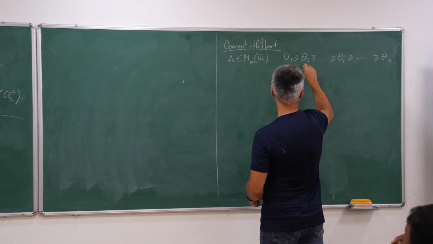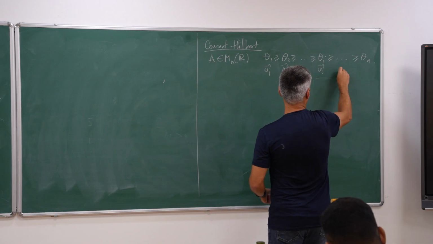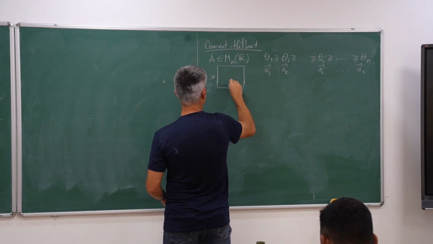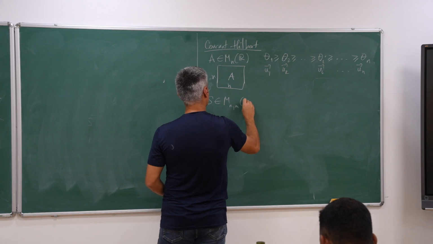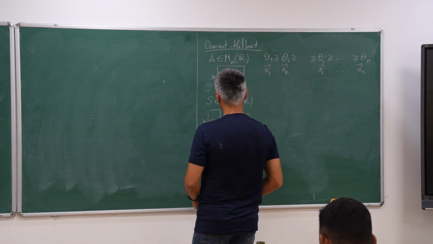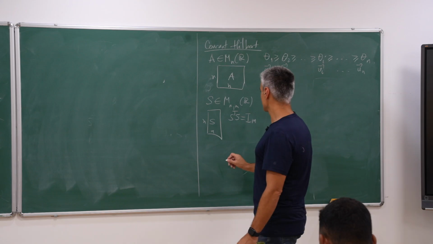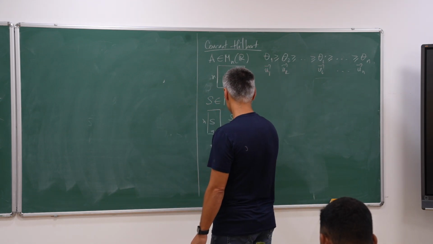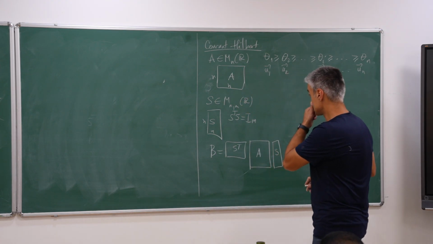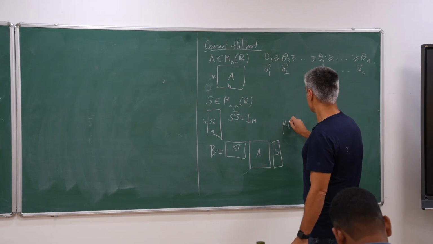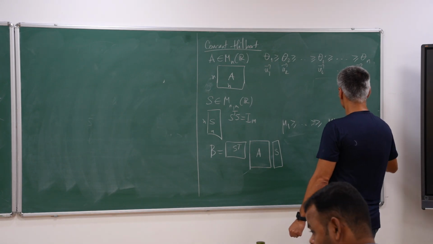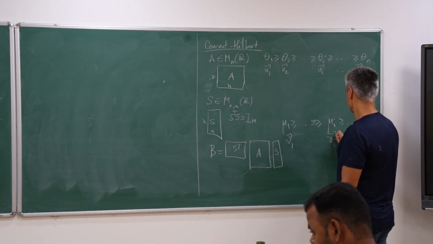We had U1, U2, ..., UN, then S, so A is a big matrix, S transpose S is I_m, and then from it we have B, which is this matrix, and B will have eigenvalues mu_1, ..., mu_i, ..., mu_m, and eigenvectors v_1, ..., v_i, ..., v_m.